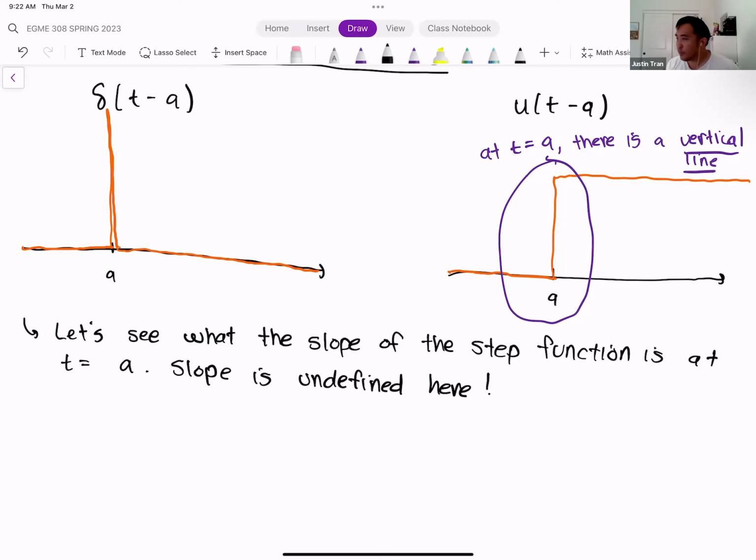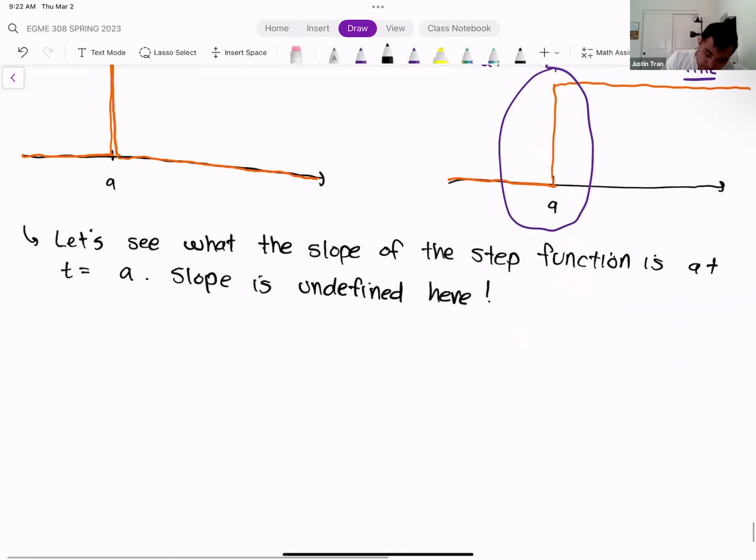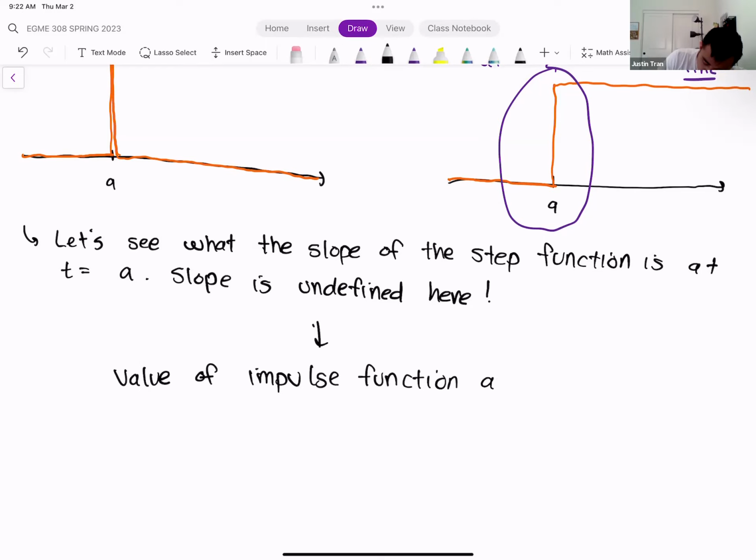All right, and so let's relate that to the impulse function. What's the value of the impulse function at t is equal to a? We've already talked about earlier that it's basically infinite, but mathematically infinite does not really exist. So it's kind of a mathematical approximation, I guess you could say.